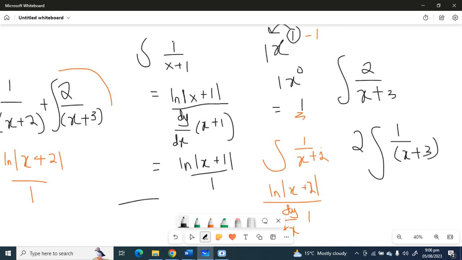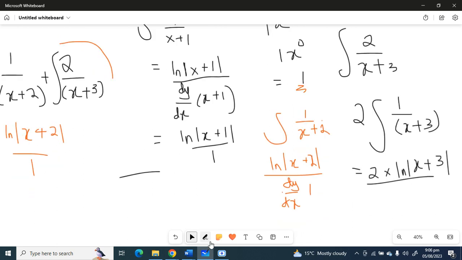So whatever number is apart from 1, remove it so that you have a 1 on top. This is going to remain 2 times the natural log of x plus 3, divided by the derivative of x plus 3. Again, this 3 goes, and the derivative of x to the power 1 is 1.